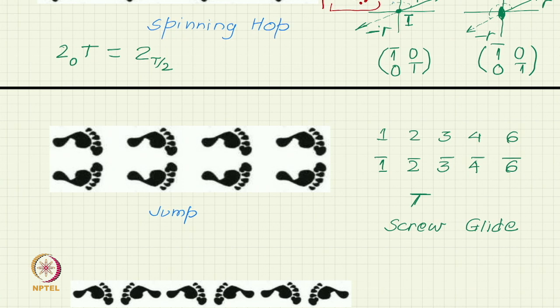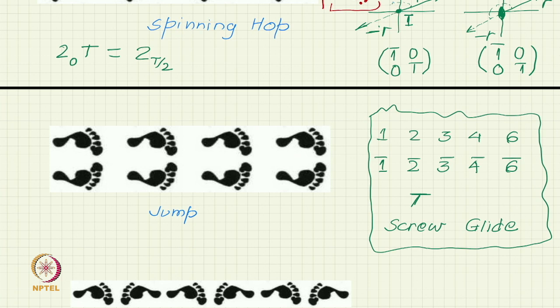So after years of work and thinking, this list is supposed to be complete. That is, you cannot think of a new symmetry operation which cannot be described by these.